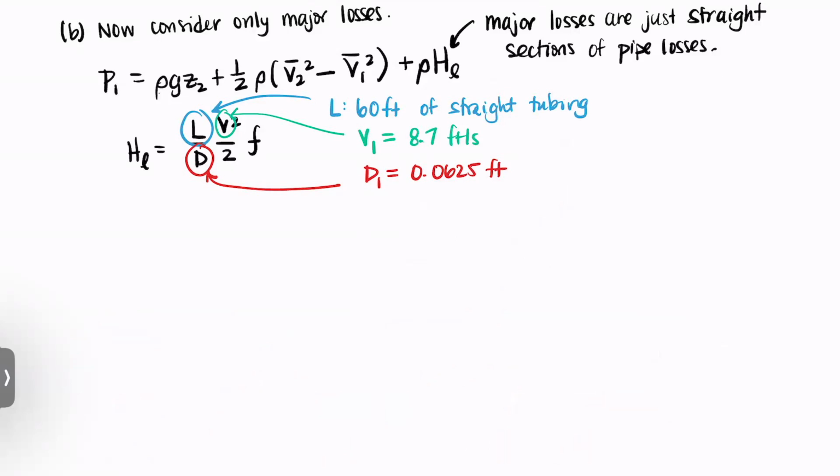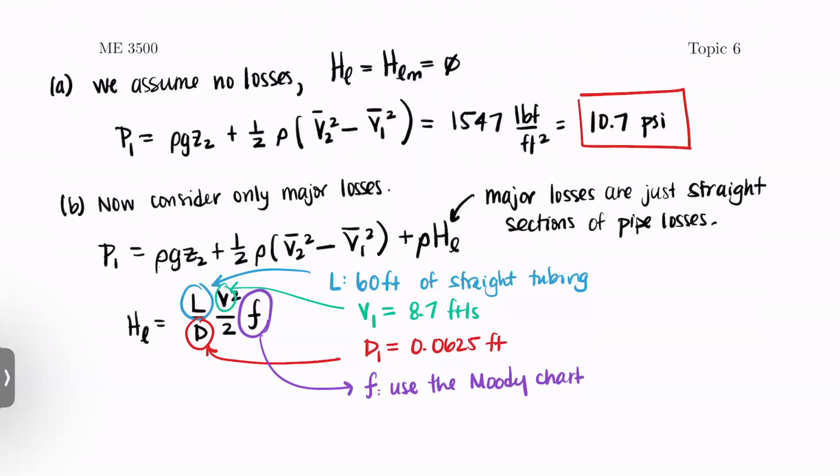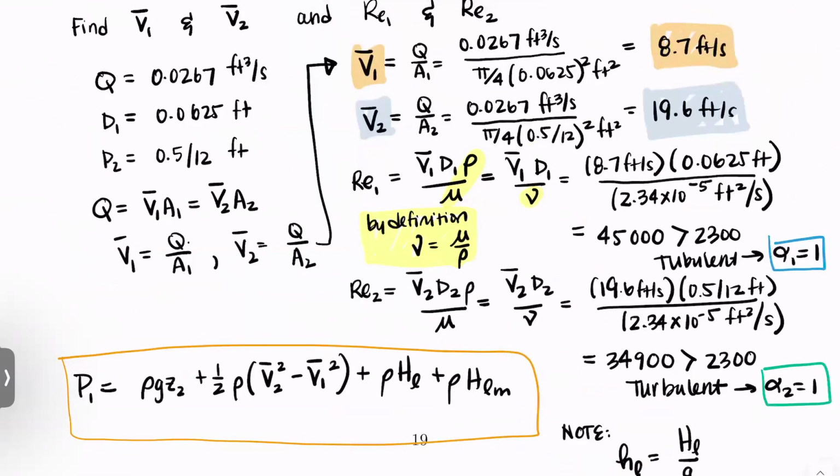And then we just need to figure out F. So we're going to use our Moody chart for this. All right. We already calculated before what the Reynolds number was. It was 45,000.